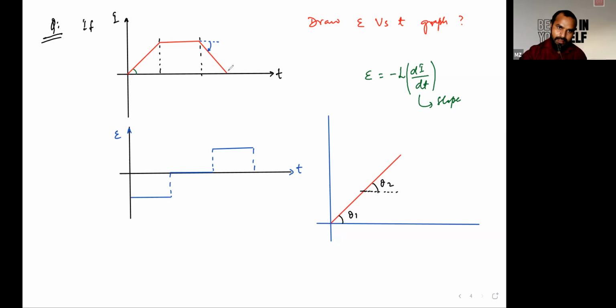There is nothing more after it. So it will stay at its own position like this.